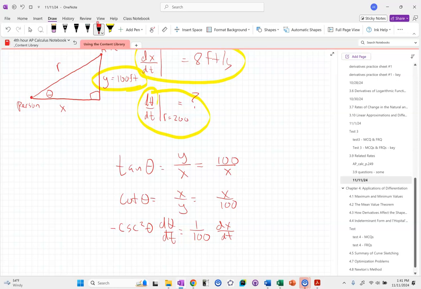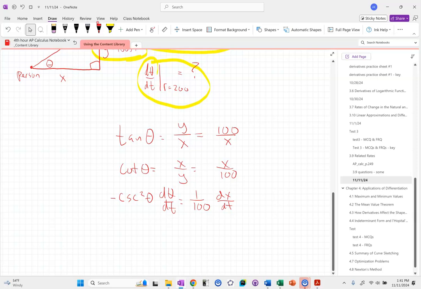So far, so good. So I'm going to multiply both sides by 1 over negative cosecant squared.